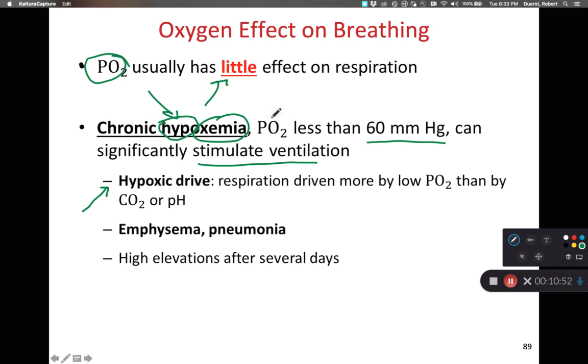As we have low blood oxygen levels, eventually that will cause us to breathe in and out more. That'll increase the respiratory rhythm. Chronic hypoxia can be triggered by emphysema or pneumonia or remaining at a high altitude for several days continuously.